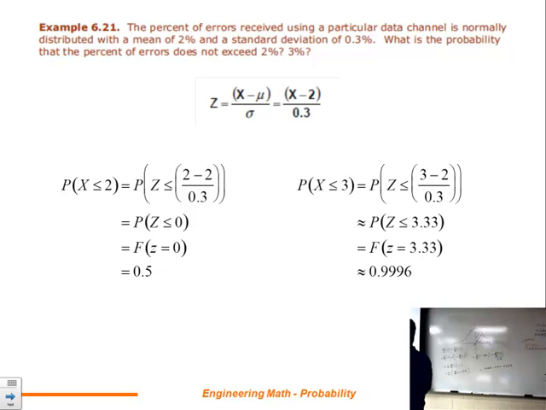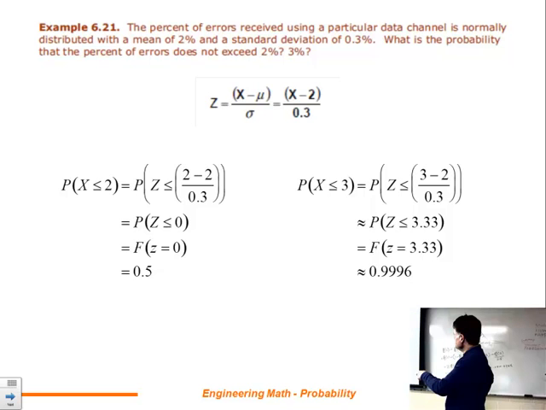All right. How about 3? Now we plug in x equals 3, and we get 1 over 0.3, which is about 3 1/3. So now we go and look up 3.33, roughly, and we get roughly 0.9996. So with very high probability, how many standard deviations are you away from the mean at this point?